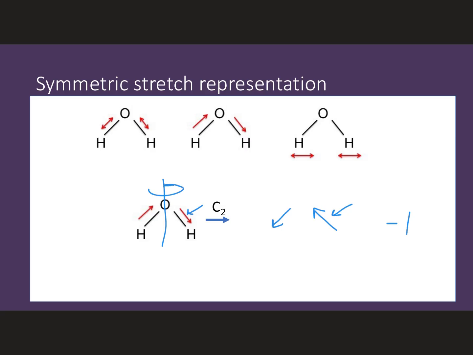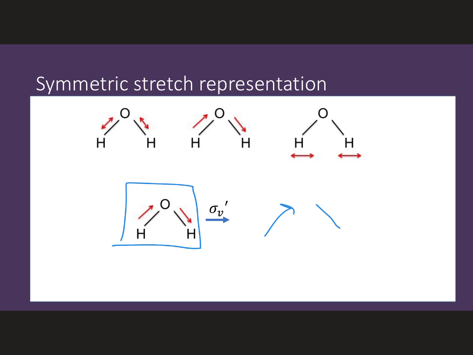It gets a -1. If we look at the reflection symmetry down this plane, what do we have? Well, the left-hand side goes to the right, and the right-hand side goes to the left. And looky there, again, we've reversed the phase of the vibration. It gets a -1. And if we look at the final case here, this is the plane of our molecule.